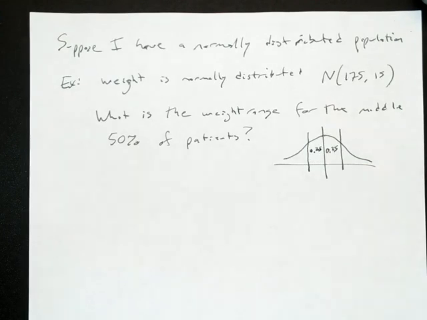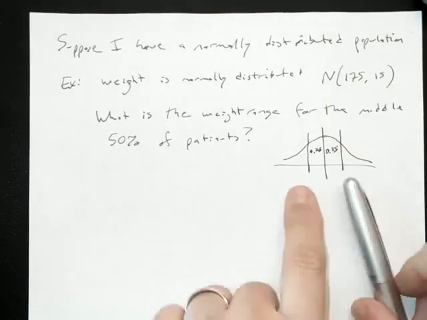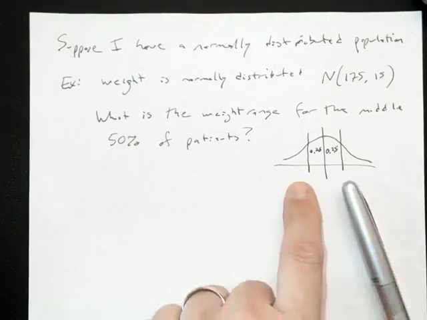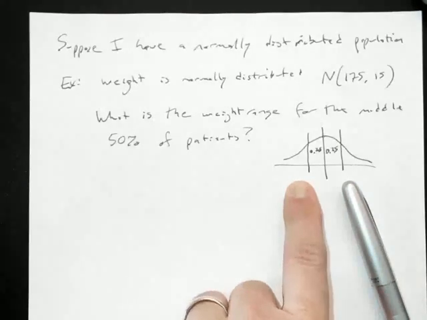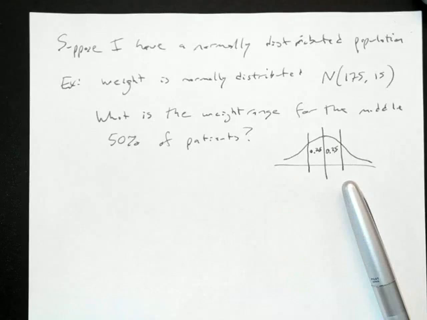Now, I don't know what those numbers are. I don't know where the cuts should be made. Oh, crap. How do I figure out where to put those lines? I can work with my standard normal distribution.